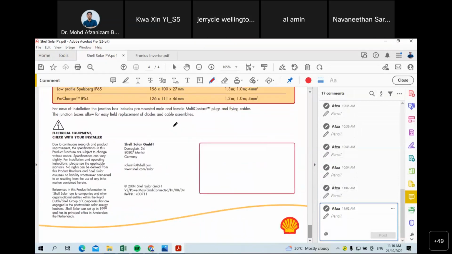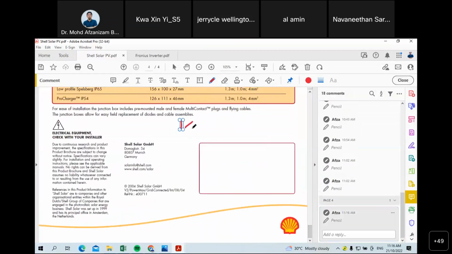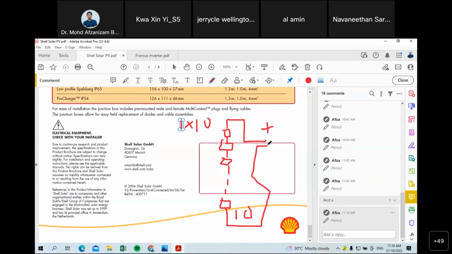Let's say we have modules 1 times 10. So we have 10, 1, 2, 3, until 10. There is only one string. It means this is positive, this is negative, this is positive, this is negative, and then goes into the inverter, inverter positive, inverter negative. There is more, but what we are learning today is to determine the appropriate inverter to suit this number of PV.